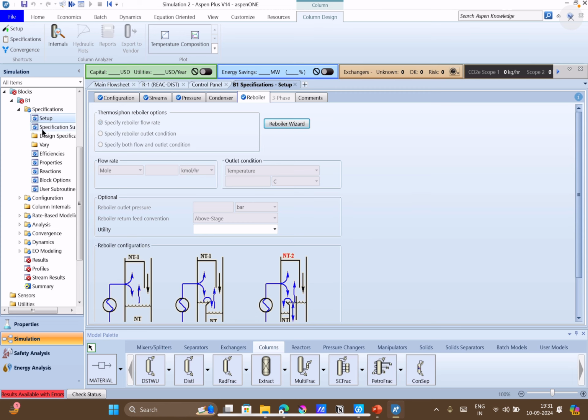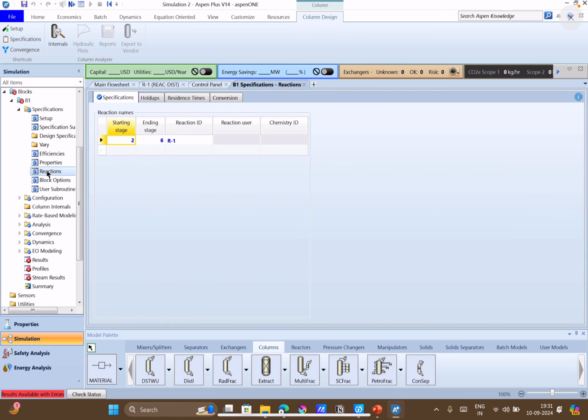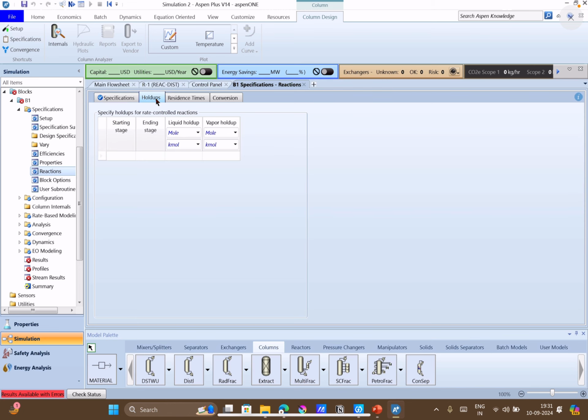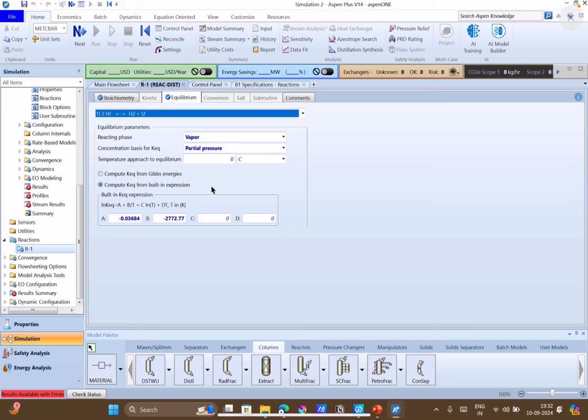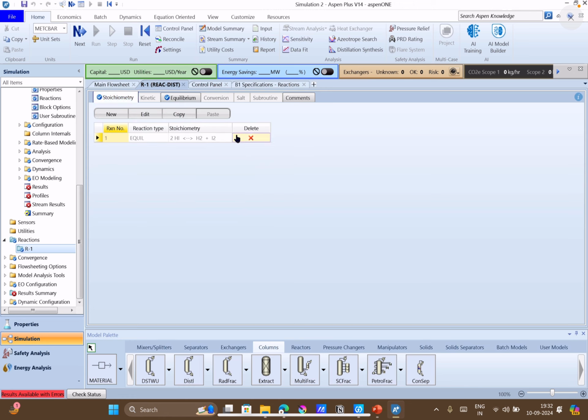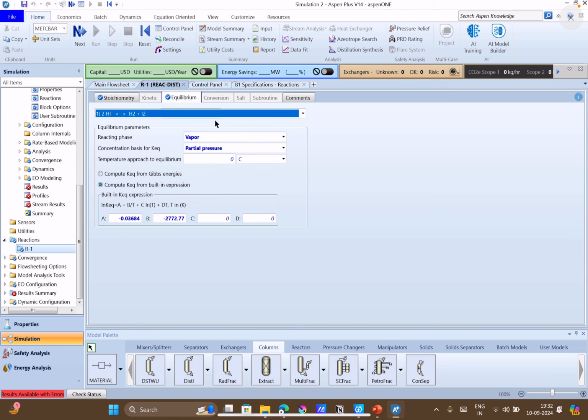Have we added the reaction part? Yeah, reaction is also added. Between stage 2 to 6 reaction is happening. And the rate kinetics, so we have equilibrium based reaction happening in the vapor phase.